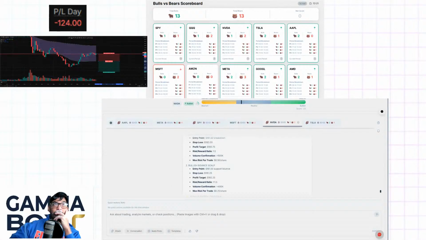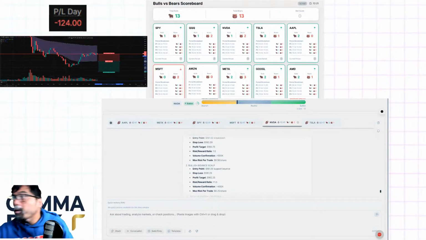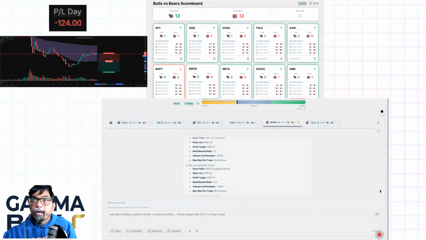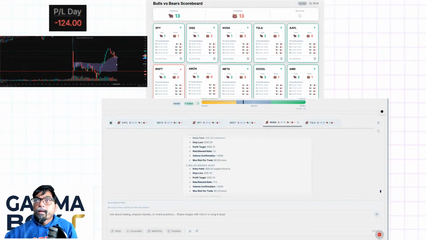Yeah, there's no volume now. Seems like that was it. Yeah, 181.50. It would have to break below here for me to even think about putting on another puts contracts.